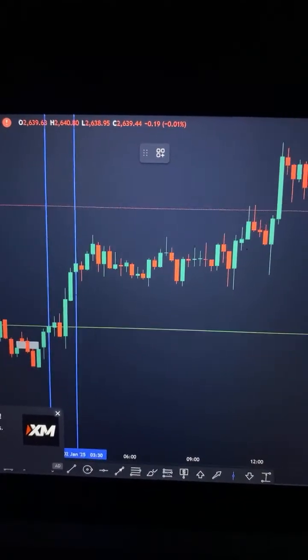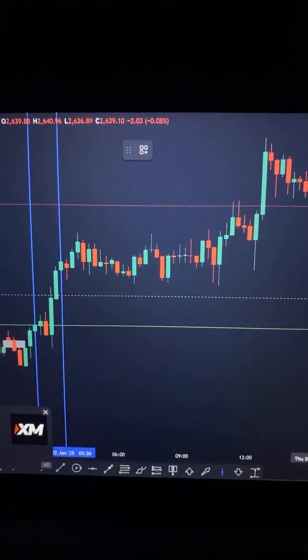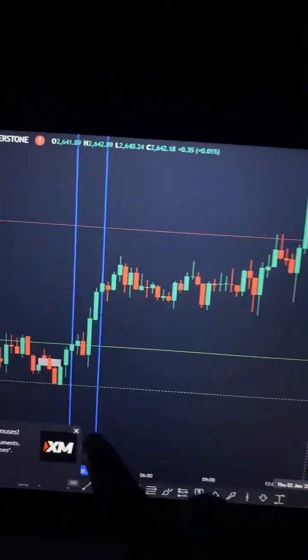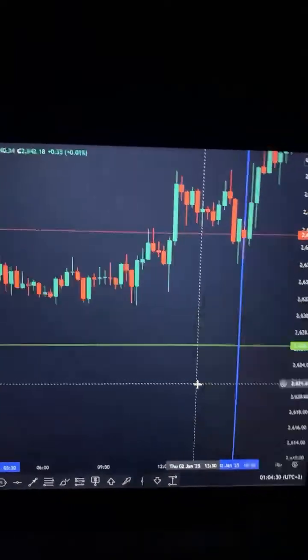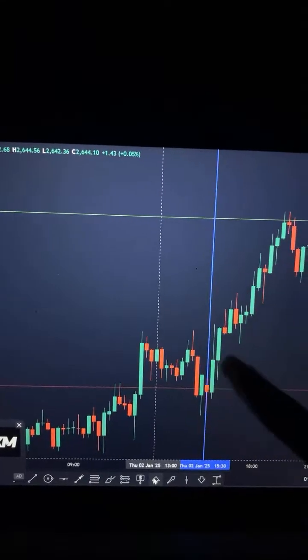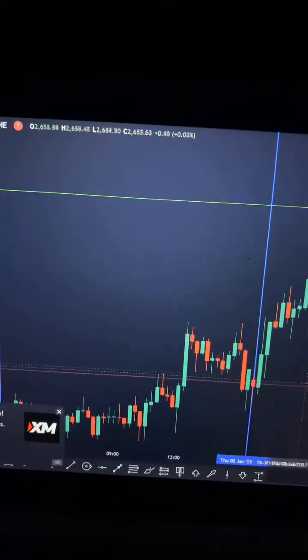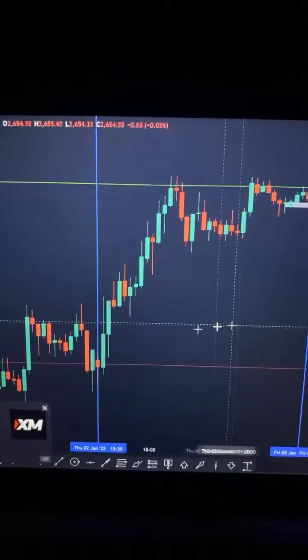I want to highlight exactly from 3:30, so that you can see what happened after 3:30, because it suggested that during Asian session we were looking at buying opportunities. Also during New York session, gold will buy, because you can see that from New York session up until then, it was buying. The table suggests that when we buy during Asian session, we must also buy during New York session. It just depends on you finding the entry.